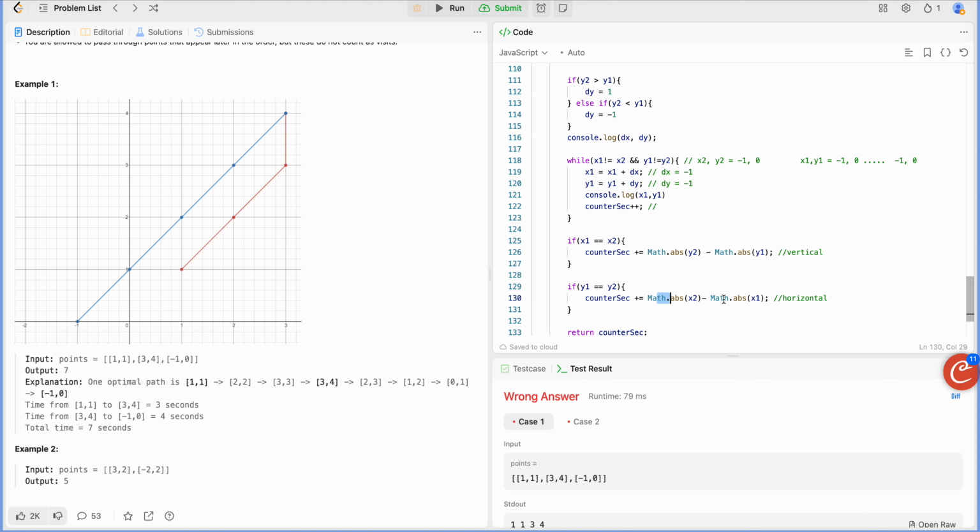So this is not working properly. Okay, I'll just write on my paper again. So this is 3, and this is 1, 2, 3, and 1, minus 1, minus 2, minus 3.